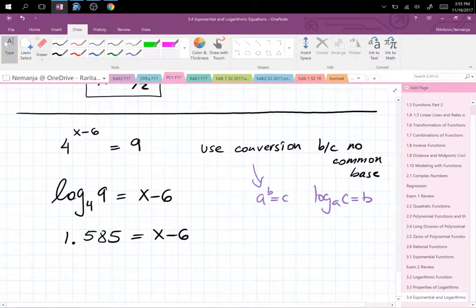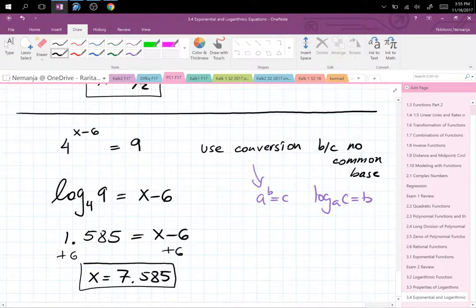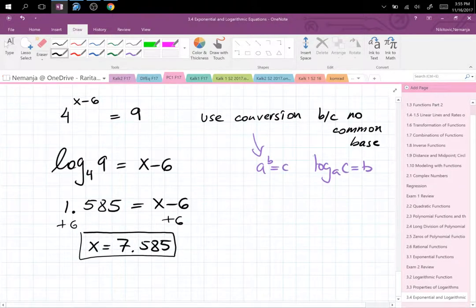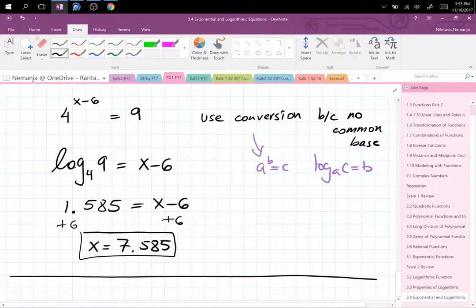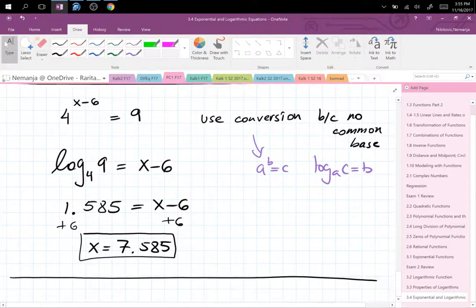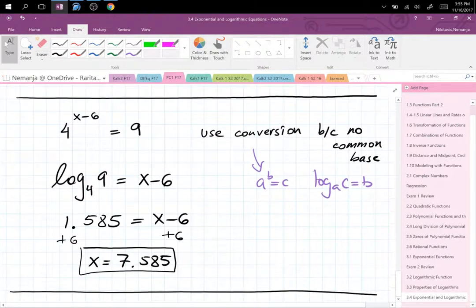So to get x alone, you add 6 to both sides, right? So x is equal to 7.585. And that will be an answer for this particular problem because we had to use conversion, right? It's not a whole number.